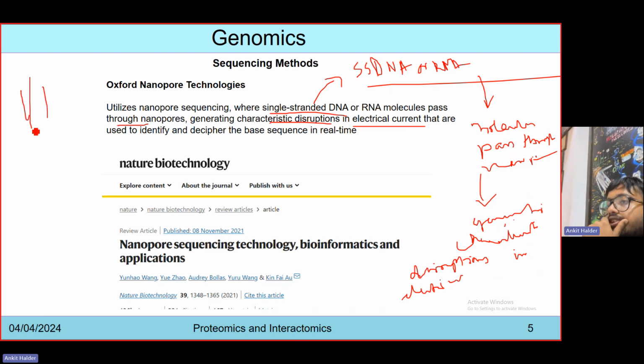The change in the electrical current is used to decipher the bases in real time.